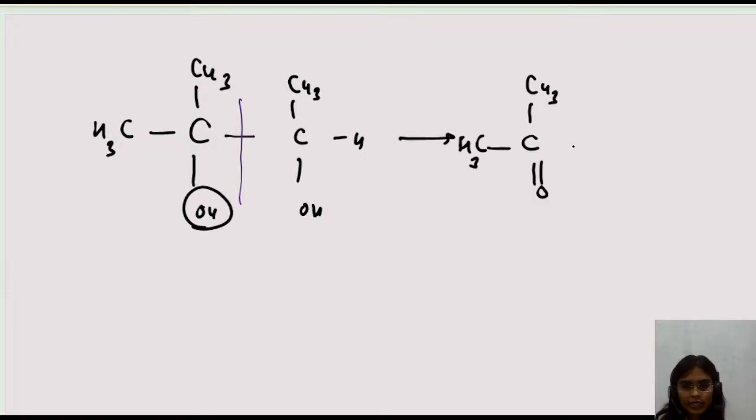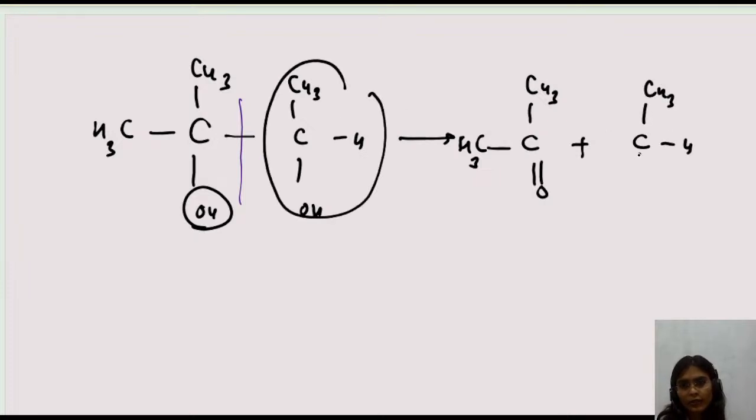CH3 is maintained, and that's it for the second one. Plus, looking at the other part of the molecule, CH3 and hydrogen are the common points, and you put oxygen there. So this is my ketone and this is my aldehyde. We can get both aldehydes, both ketones, or one aldehyde and one ketone.